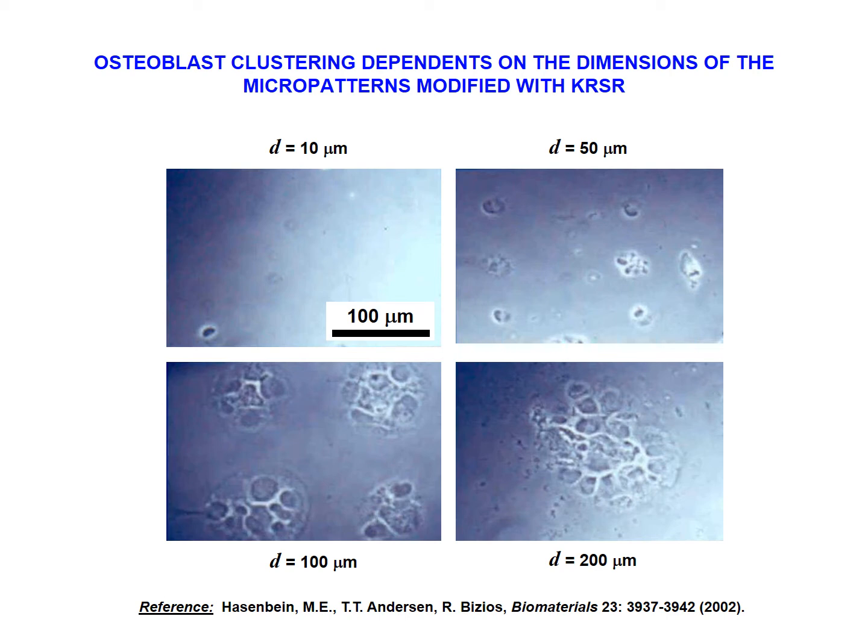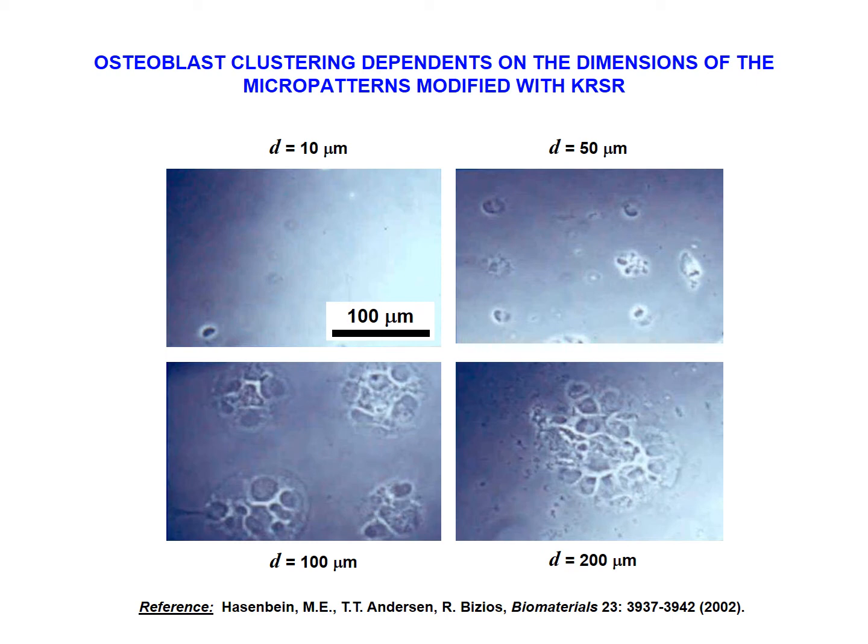You notice there are many more cells adhering on the micropatterned and chemically modified circles which have a diameter of 50 micrometers. Many more cells, and they form beautiful colonies, were seen on the patterns which had diameters of 100 micrometers. And definitely we see beautiful colonies of the osteoblasts on the circles modified with the adhesive peptides and proteins, which had a diameter of 200 micrometers.